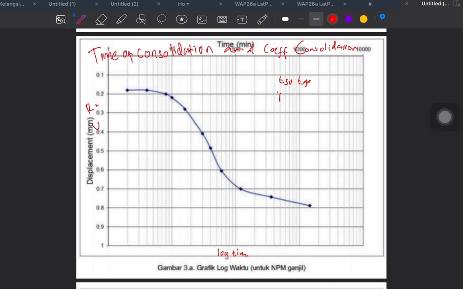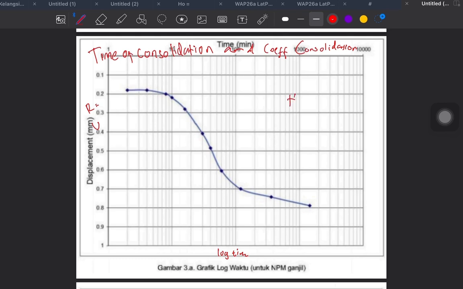And there's another T. There's T50 and T90. This is the time factor, or theoretical time factor, for the calculations. I think from the Terzaghi theory, the T50 value is 0.197, and for the T90 it is 0.848. Okay.